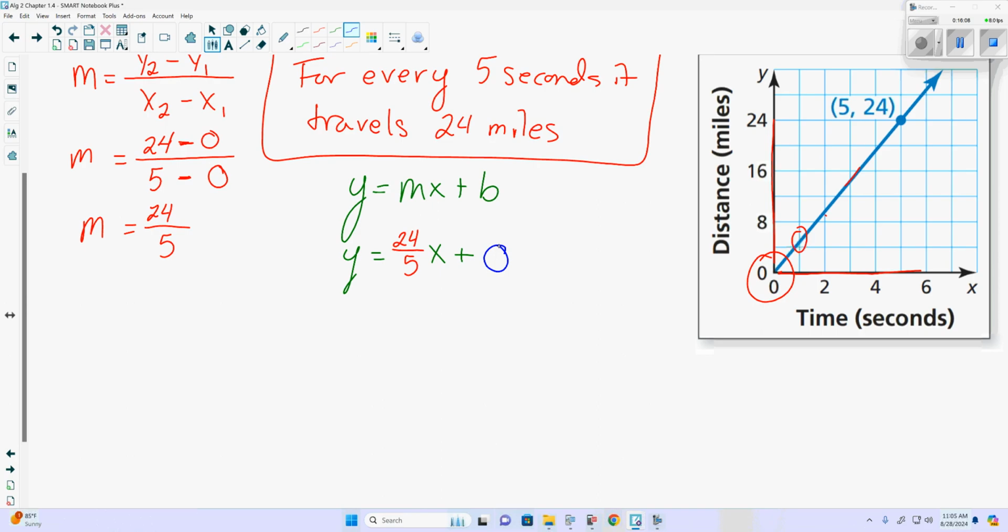Because the x value of the y-intercept will always be 0, because that's the y-axis. We want the y value. Here, it worked out that the x and y were both 0. Now, we don't need to list that plus 0. So our equation is y equals 24 over 5x.